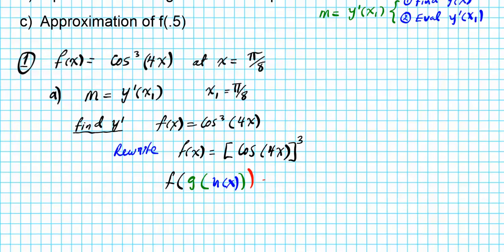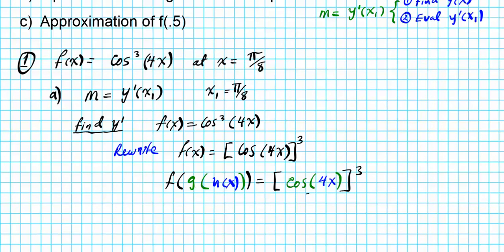That's basically the nesting of our three functions. So that's going to be parenthesis cosine of 4x. I'm color coding it so you can see the different functions that are composed with one another to give the given function.